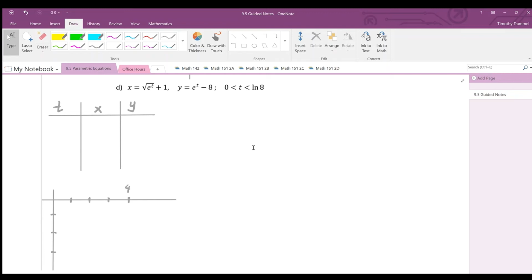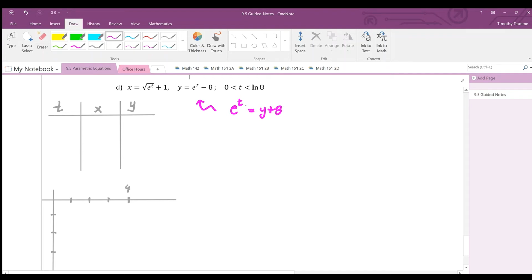So note, both of these actually have an e to the t, not just a t. So we could actually solve this one here for e to the t. So I'll give you e to the t is equal to y plus 8.